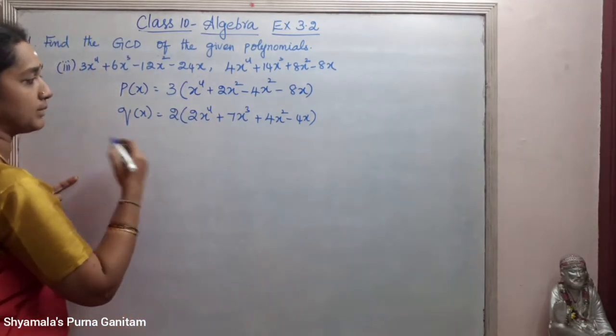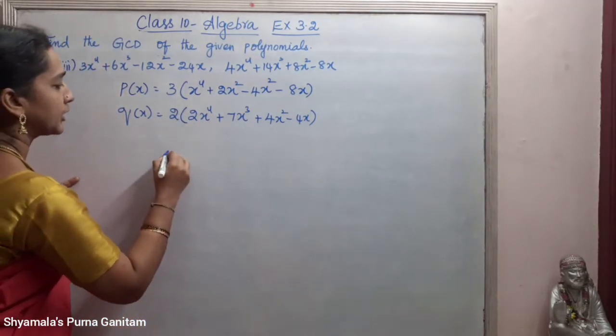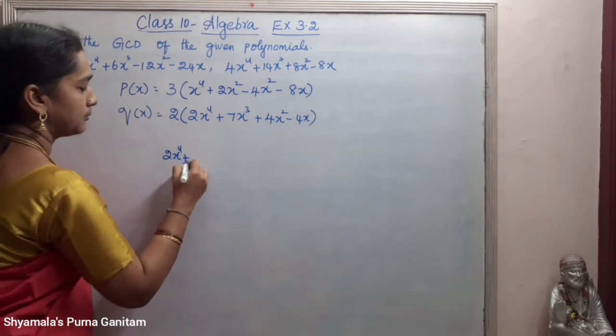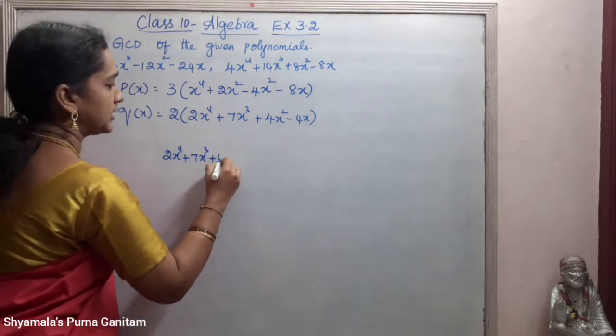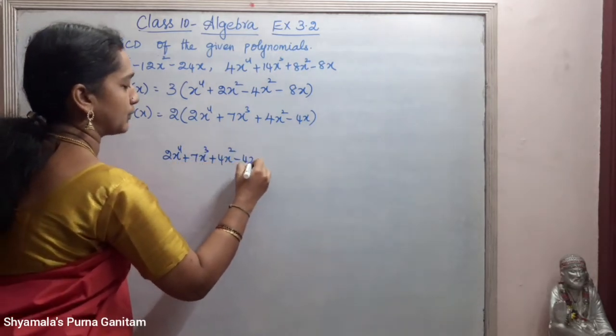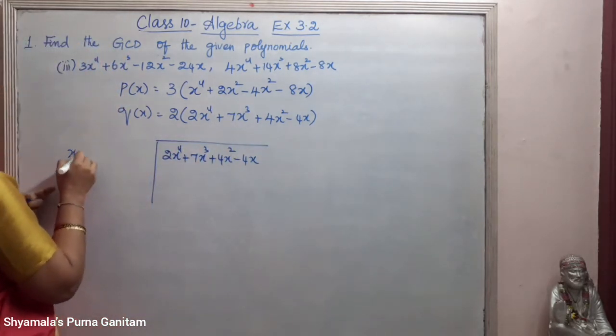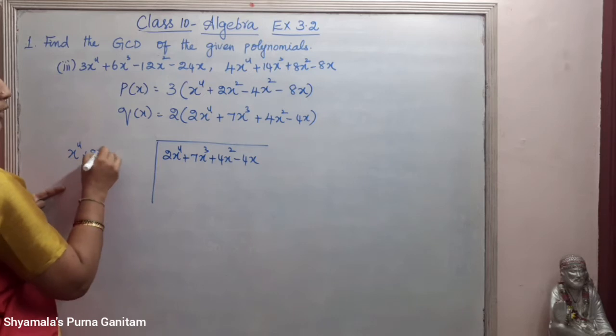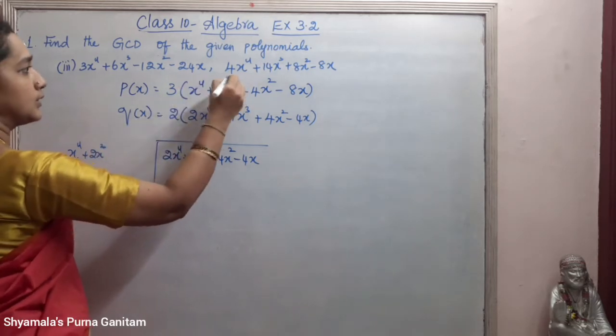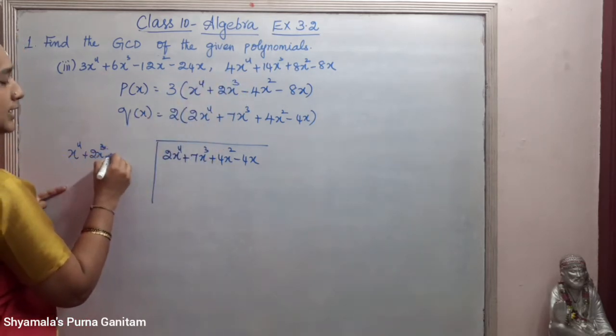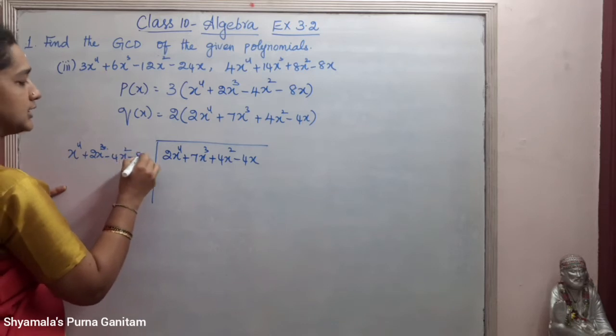We will divide the remaining numbers. So 2x power 4 plus 7x cube plus 4x squared minus 4x divided by x power 4 plus 2x cube minus 4x squared minus 8x.